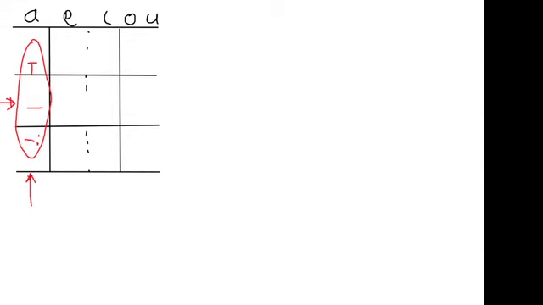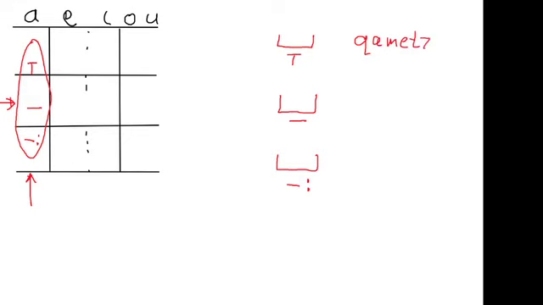What I use to indicate a consonant is this symbol, and below it I put the Kametz, the Petach, or the Chatef Patach. This is the Kametz. This is the Patach. And this is the Chatef Patach.